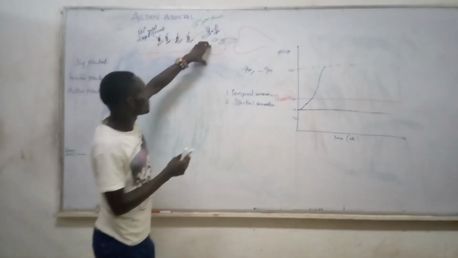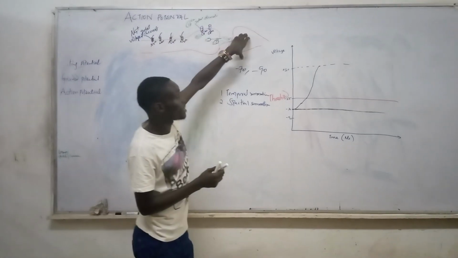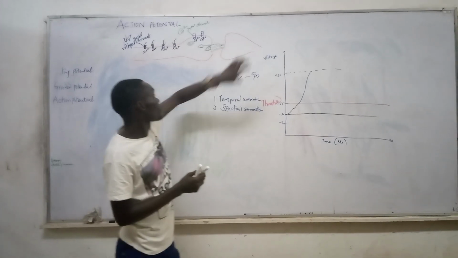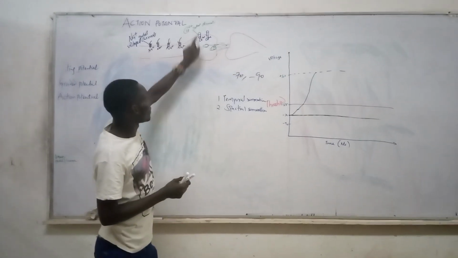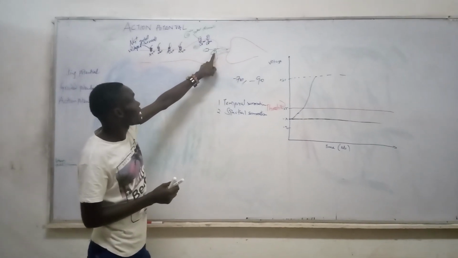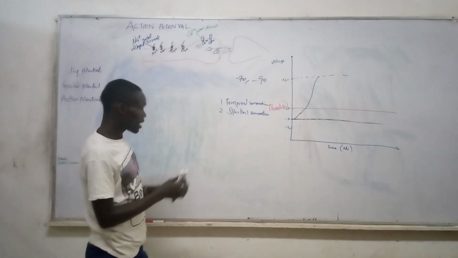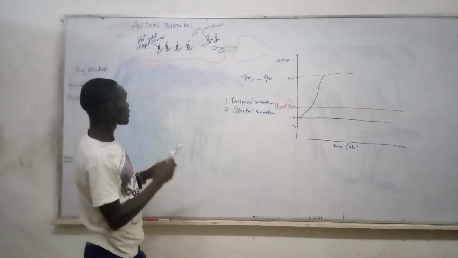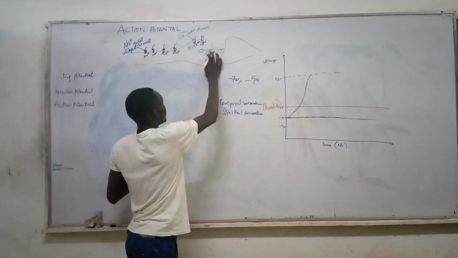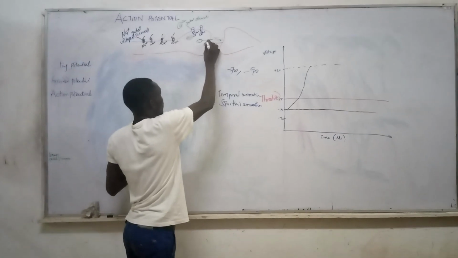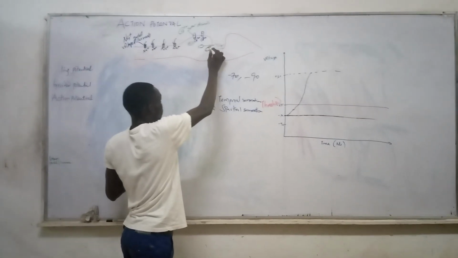Remember, this is the presynaptic neuron, and this one is the postsynaptic neuron. So the vesicles adhere to the presynaptic membrane. Something like that forms.